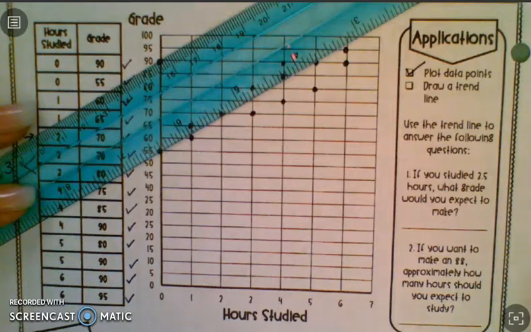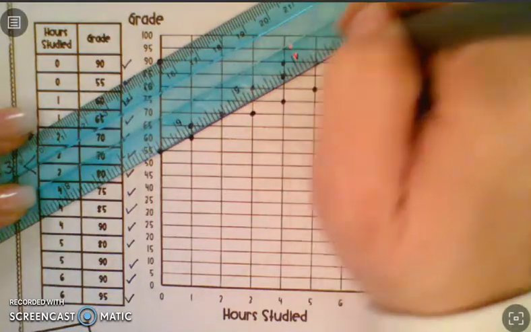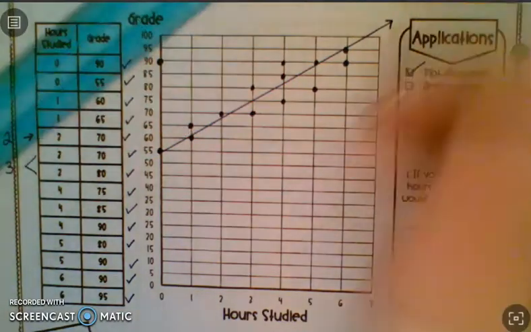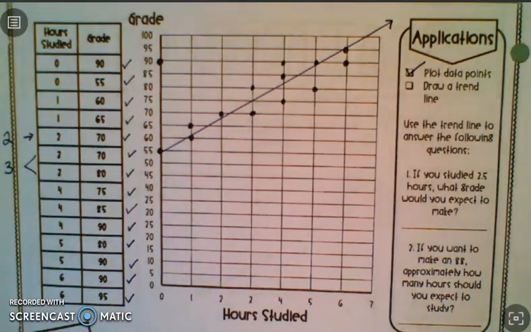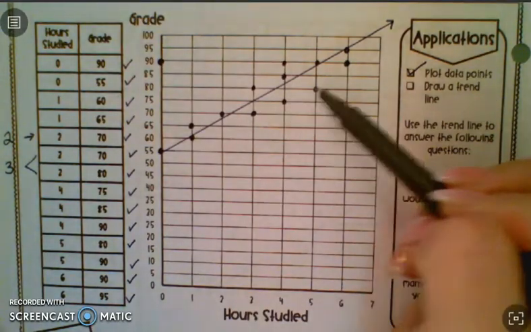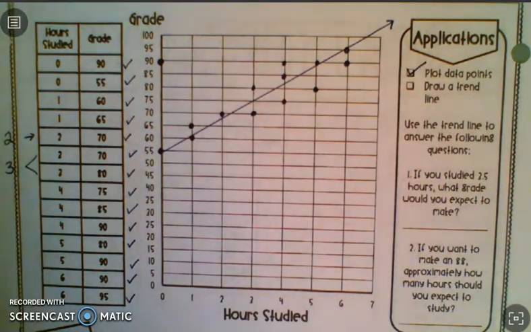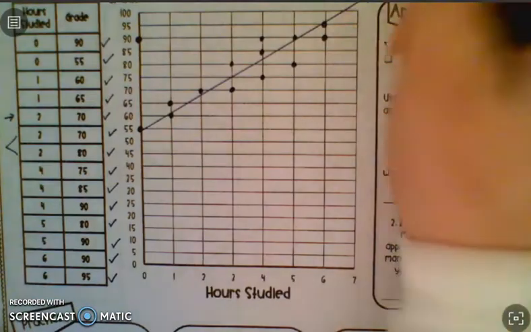And when you draw your line of best fit, you can always redraw it if you need to. So there is my line of best fit. I have about 1, 2, 3, 4, 5, 6 above, 1, 2, 3, 4 below about. So we drew the trend line.